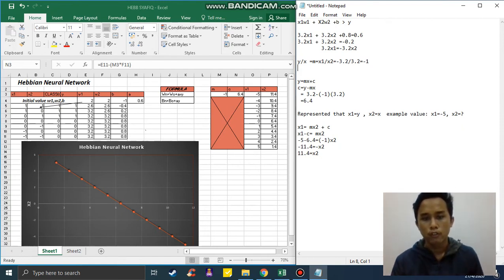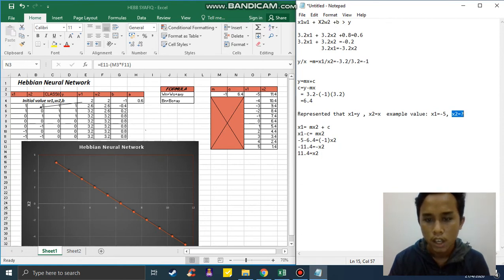For the first example, x1 equal to y, x2 equal to x. I give the example value x1 equal to -5, and we must find the value of x2.